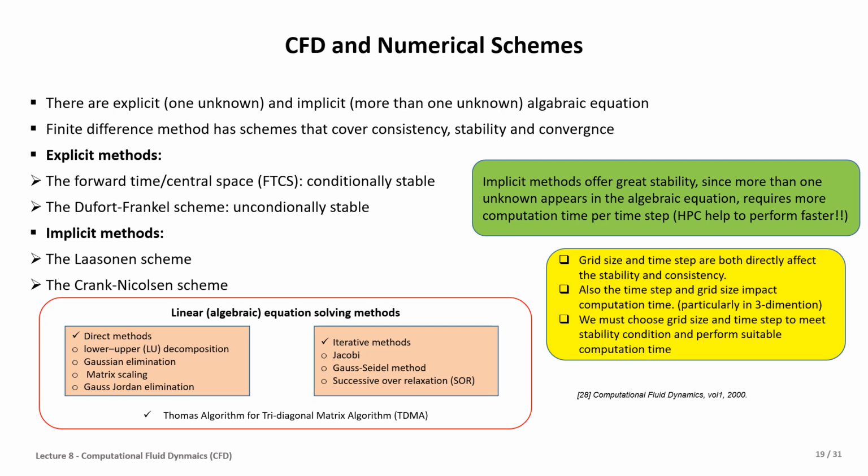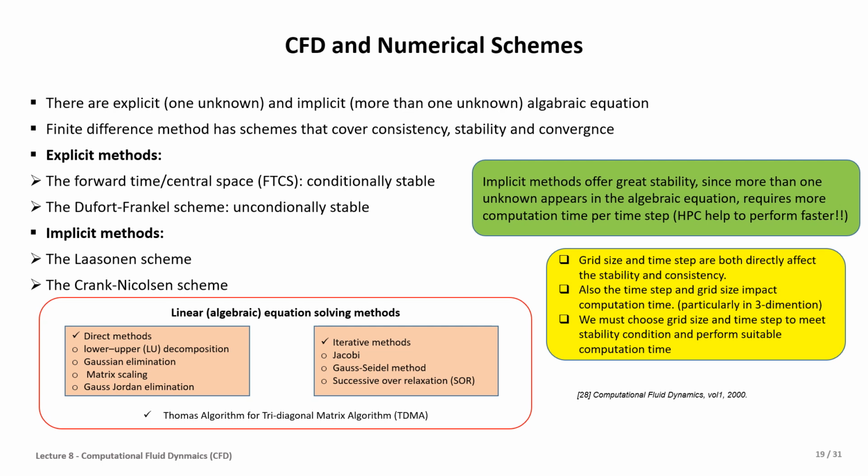When we categorize these different schemes into explicit and implicit, here the important point is coming about the HPC. When we are using the implicit method, mostly they have great stability, because from another view, more than one unknown appears in the algebraic equation, so more computation time is required per step.